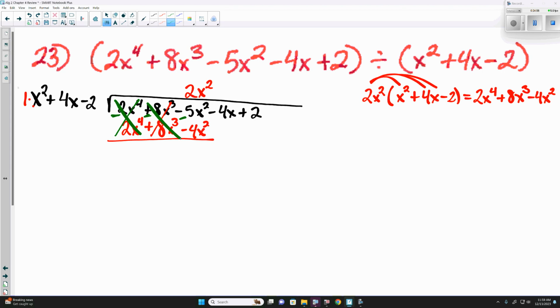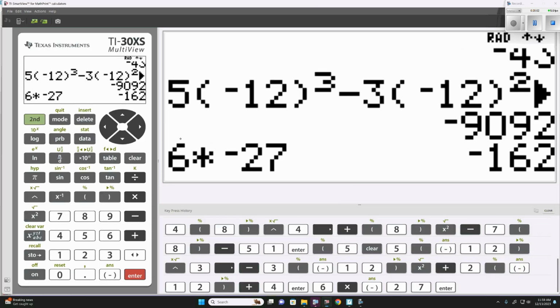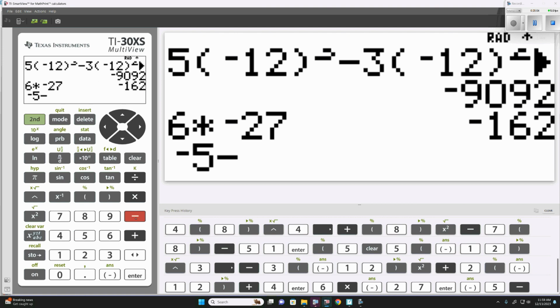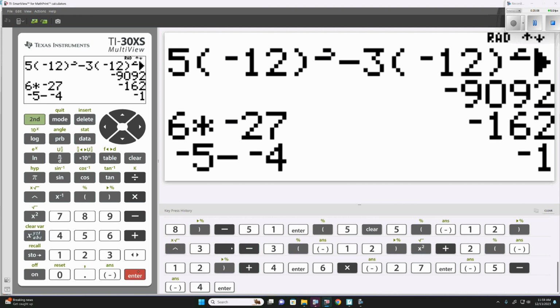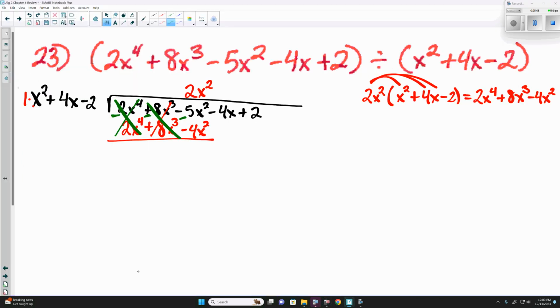Our next one, negative 5x squared minus negative 4x squared. Negative 5 minus negative 4. We could do that in a calculator. Negative 5 minus negative 4 is negative 1. Or if we did this by hand, the negative and negative become plus. And negative 5 plus 4 is indeed negative 1x squared, or just negative x squared. And once we finish doing this, we bring down the next term.